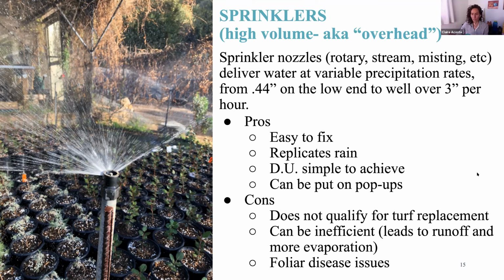Next one. So drip irrigation, these are the lower volume irrigation systems. There are lots of different drip systems, like point source, grid pattern, or the inline drip.